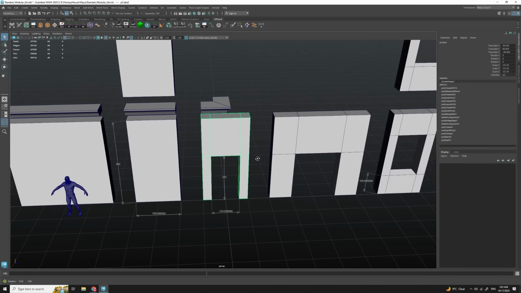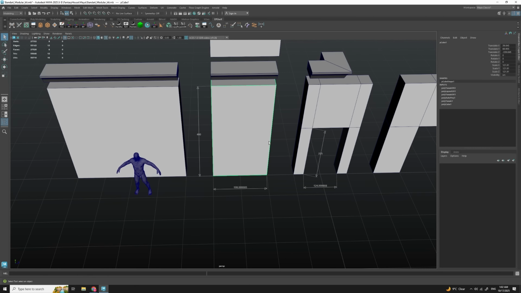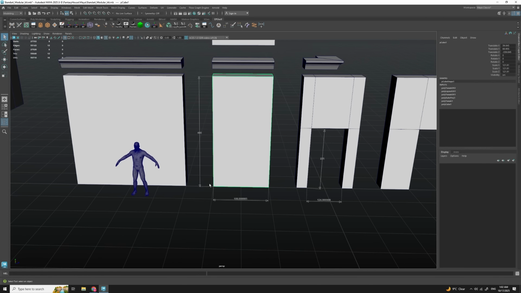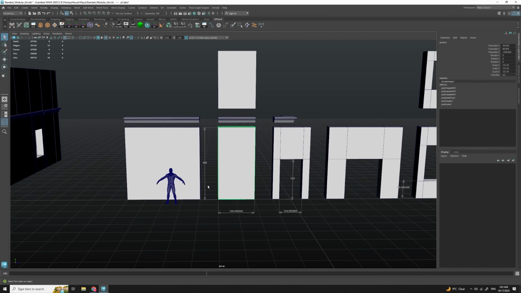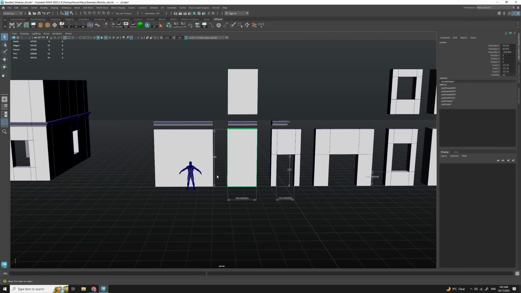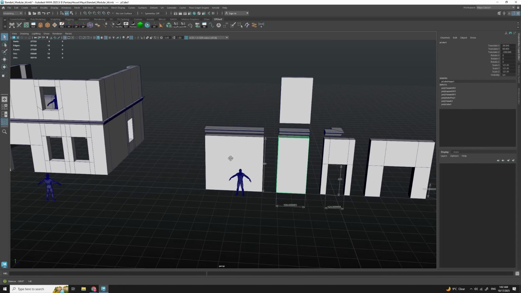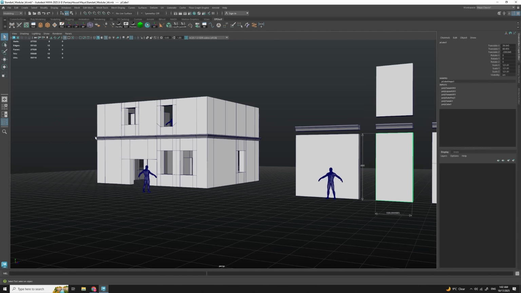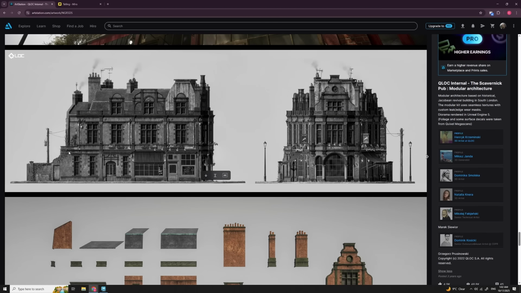And here I have rulers set up. As you can see, 2 meters wide. I have centimeters in Maya, so it's 200 centimeters and 4 meters high. So the height is not as important as the width. As a rule, when we work with architecture for which it is logical to produce a modular kit, this is clearly visible even in the example of this house, where each floor is marked by some kind of trim.